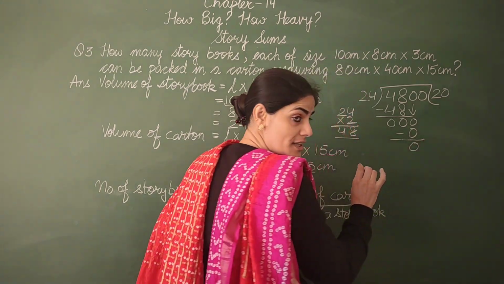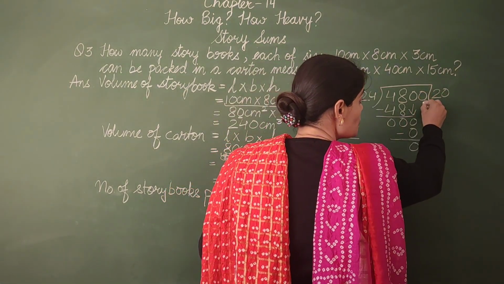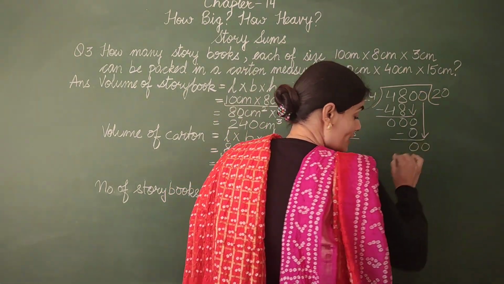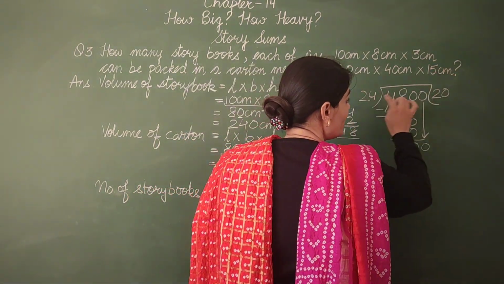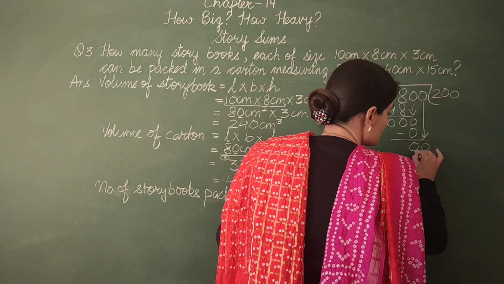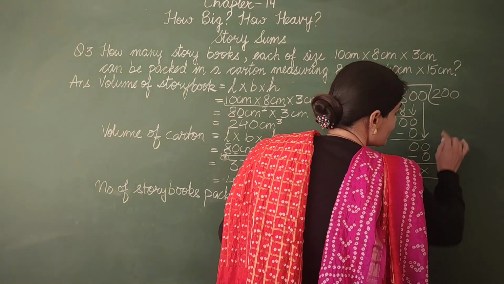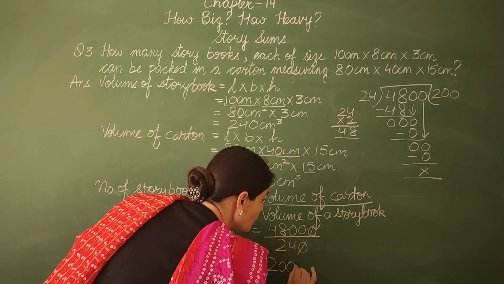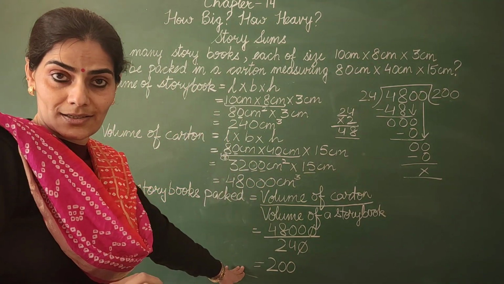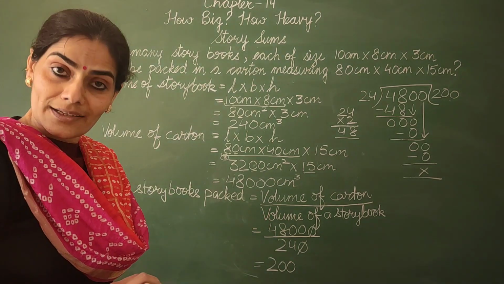So we are left with 0 again. But one more 0 is to be brought down. We have to make one more entry here. 24 zeros are 0. So this is it, students. 200 storybooks can be packed in this carton.